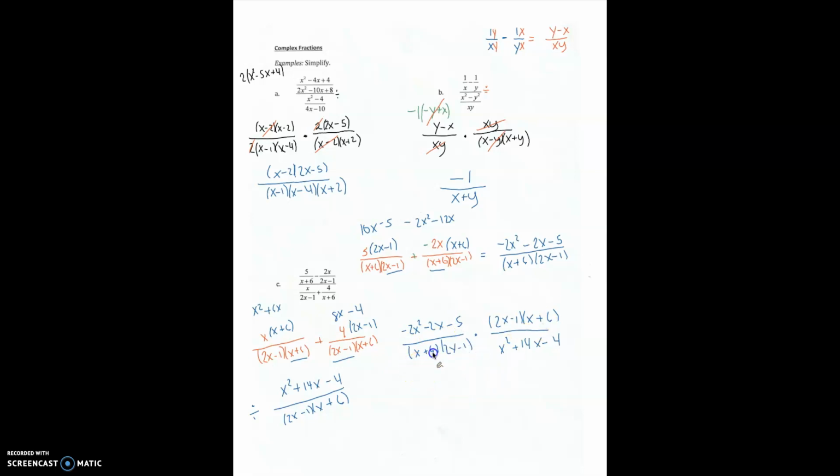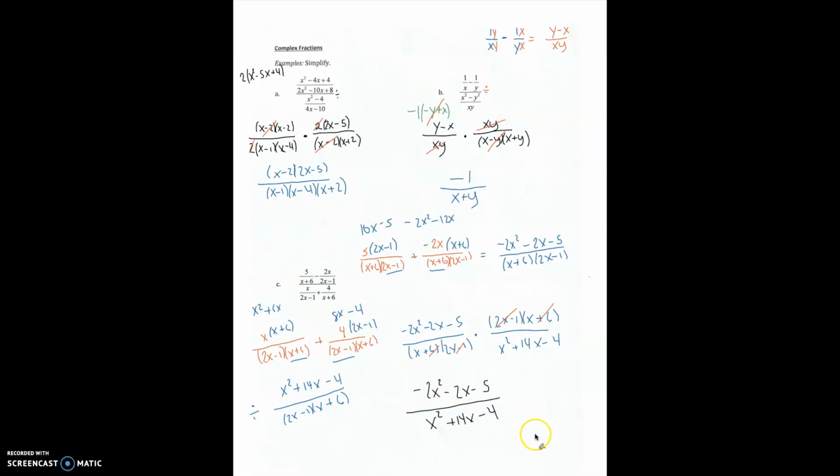Notice these are the same. We couldn't factor either of these trinomials, so we're just going to write our solution here. So it's negative 2x squared minus 2x minus 5 all over x squared plus 14x minus 4.